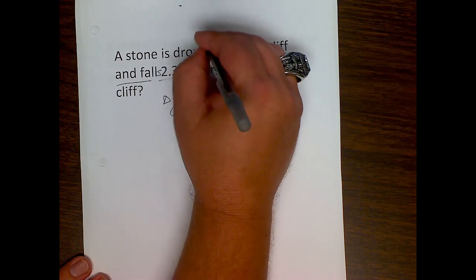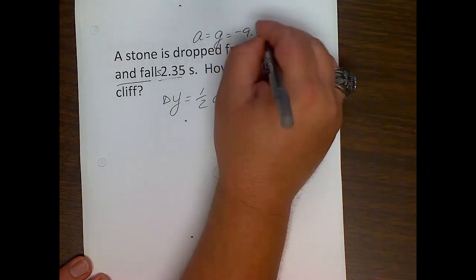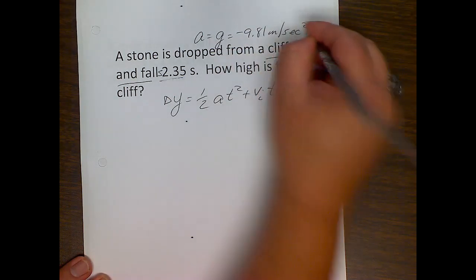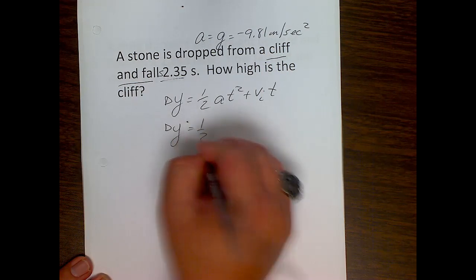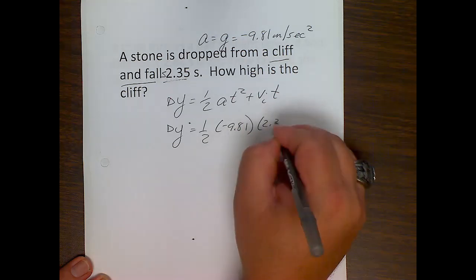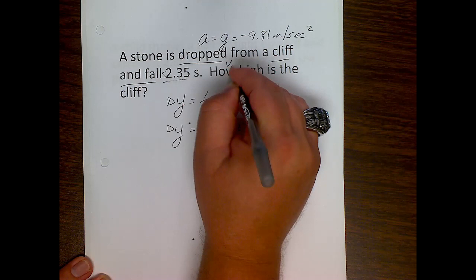So we can, in that situation, assume we're dealing with the Earth and we have an acceleration due to gravity of negative 9.81 meters per second squared. Delta y is 1/2 negative 9.81, 2.35 squared. It's dropped, so your initial speed is 0.